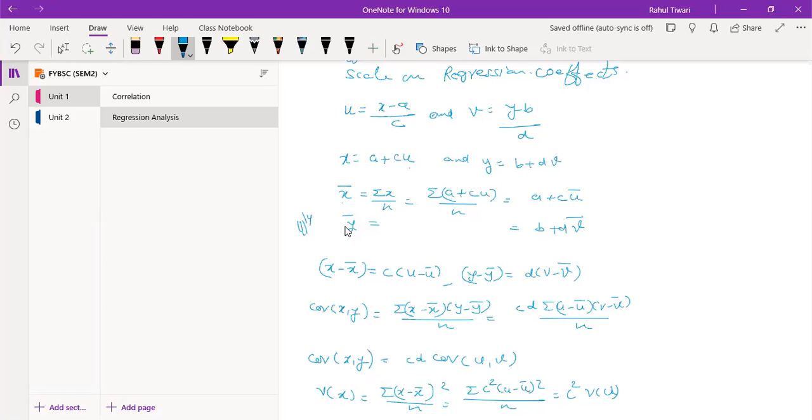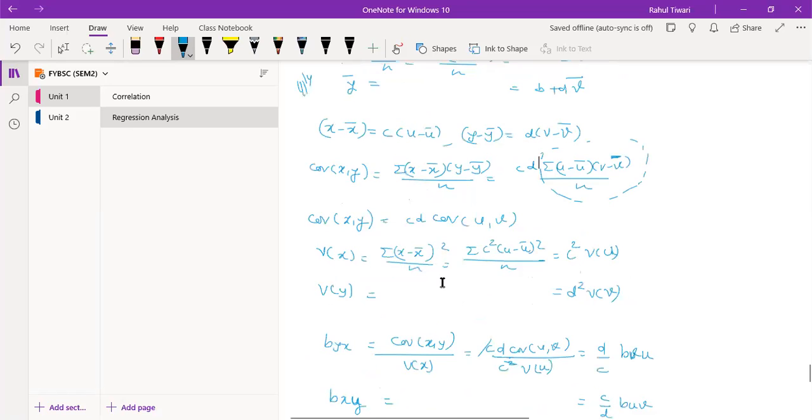Substitute these values: c times u minus u bar, and y minus y bar is d times v minus v bar. So if you look at this, cd, and what is this quantity? It's the covariance between u and v. So cd times covariance of u and v.